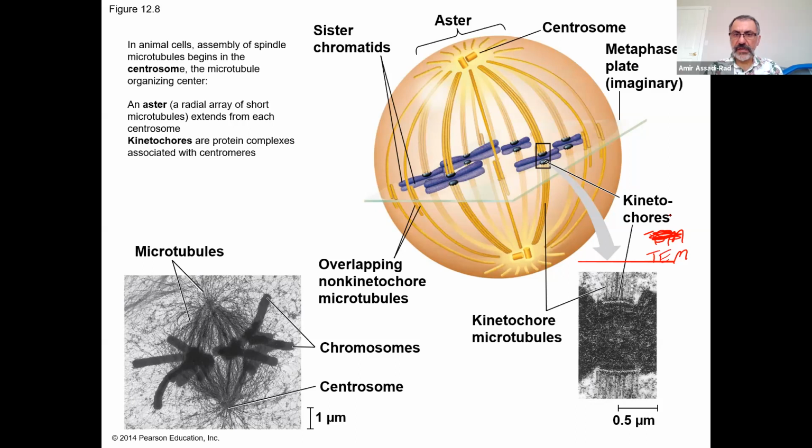So there are kinetochore protein molecules right here. And of course, the chromosomes are lined up in the middle. And these are the non-kinetochore microtubules and so on and so forth.